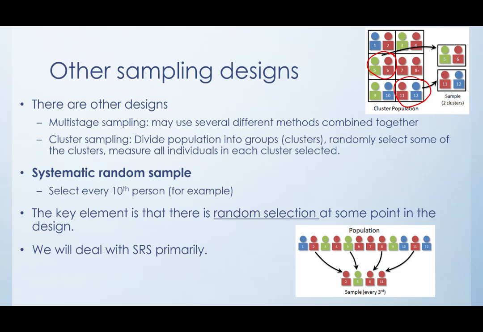Okay, systematic random sample, that's an easy one. That's saying, I'm going to take every 5th person or 3rd person or whatever in the list that I have, or in the line of individuals that I have. There's a system to the selection. The randomness there comes in the selection of which person is selected first.